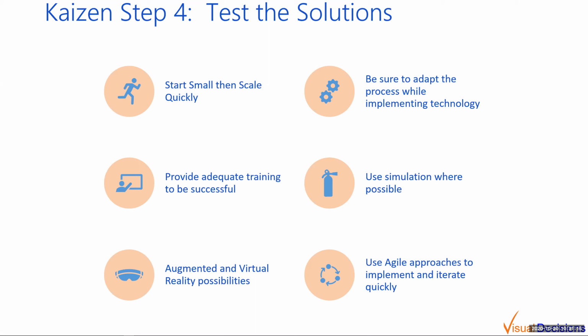Having that approach of putting that minimal viable product in place and then incrementally improving it to test out the solution has a lot of benefit as well. So as you're looking at software and platform types of solutions, that approach has a lot of value.